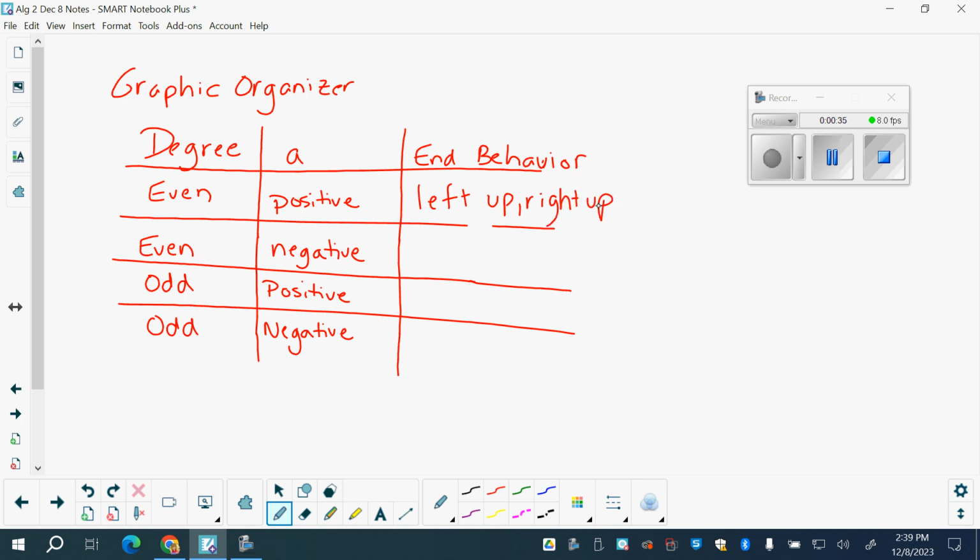So now if A is negative, and today we're going to have some negative A, it's going to be left down, right down. What's the relationship between those two there? They're both down for the even negative, and for the even positive, they're both up.